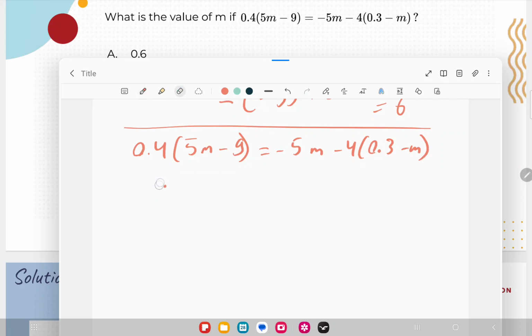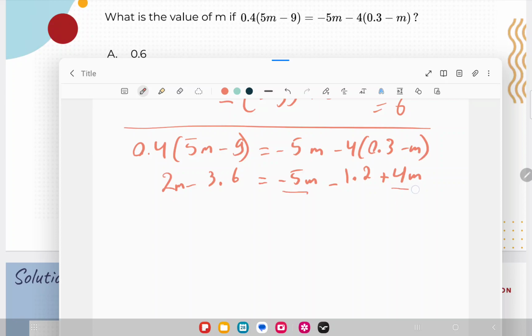So I've got 0.4 times 5, that's 2m, minus 0.4 times 9, which is 3.6, is equal to minus 5m minus 1.2 plus 4m.